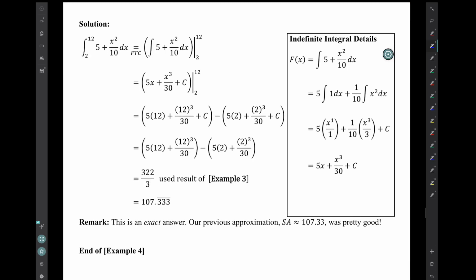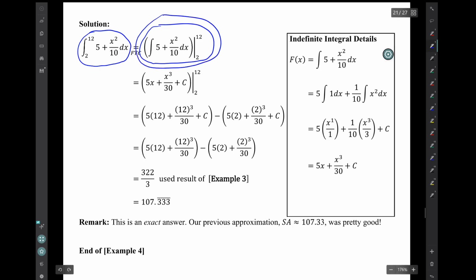The fundamental theorem of calculus says that this definite integral is equal to the result of doing this calculation involving the indefinite integral. Now, this tells us what we need to do. We need to find the indefinite integral first. And so I'll do that over on the right in an indefinite integral details box here.